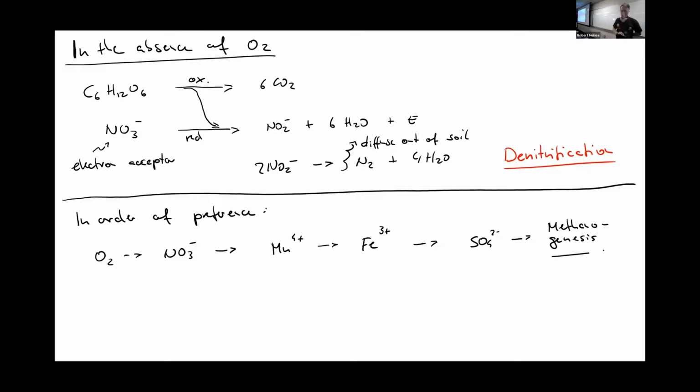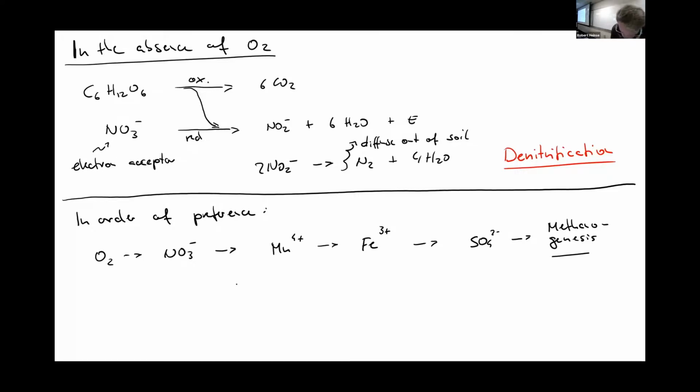And your president just yesterday stated that methane was one of the areas of concern. He wasn't necessarily talking about methane emissions from soils. He was talking about the methane released as sort of leaks from hydrocarbon production. But methane released from soils is just as bad for the environment as any other source of methane. Okay. So this is the order of preference for microbes to use as electron acceptors.